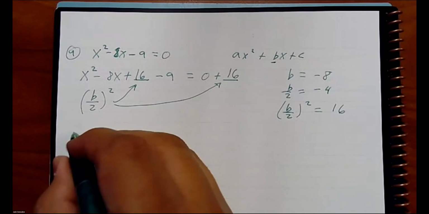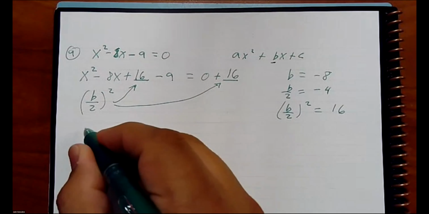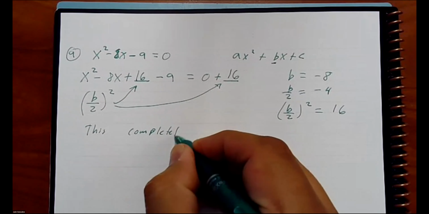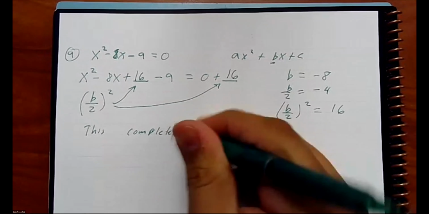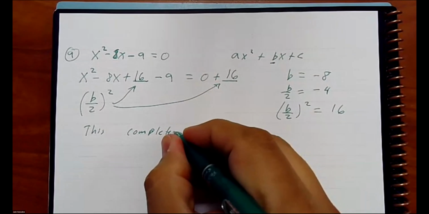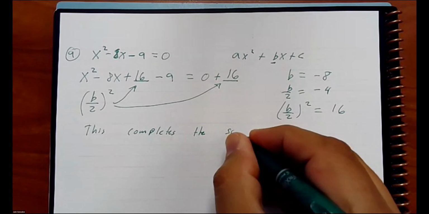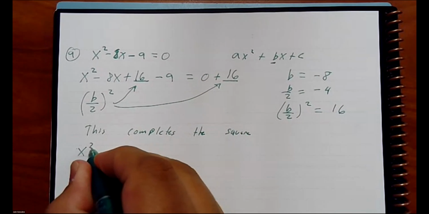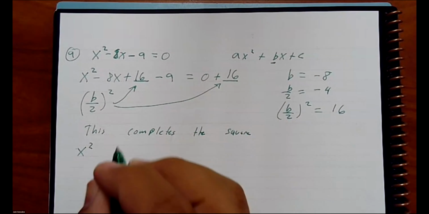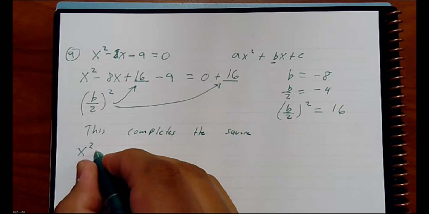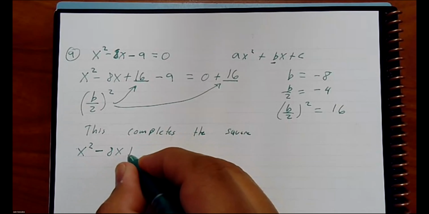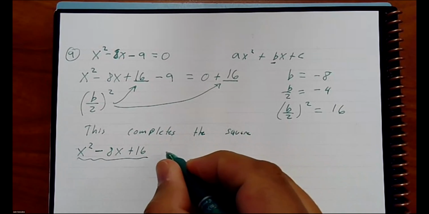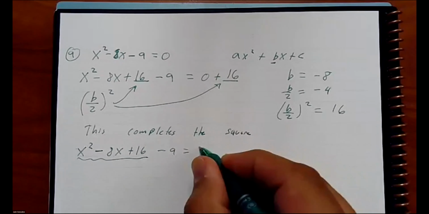So now this completes the square. So x squared minus 8x plus 16 is the complete square. The minus 9 we're just going to ignore.